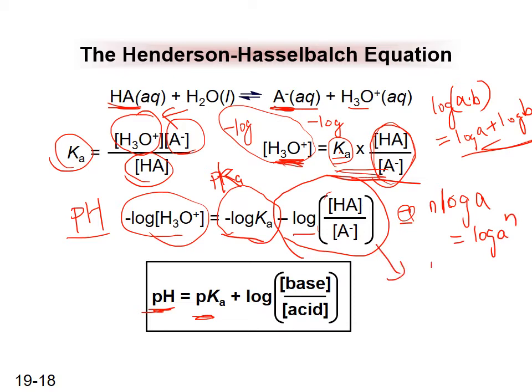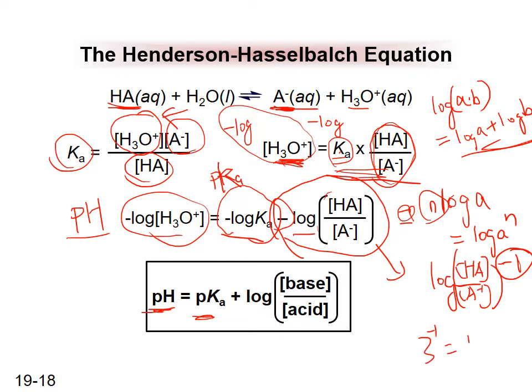So this can be written as negative log of acid over base to the -1 power, because here you have a negative sign. It's a power just like n. Now if 3 to the -1 equals 1 over 3, it's the inverse. Therefore, instead of acid over base, you can write base over acid, but the log in front is positive. So pH equals pKa plus log base over acid.